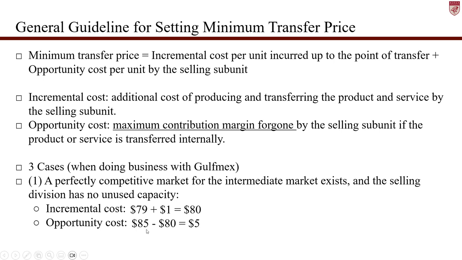For $85 that you can always sell to the external market minus the variable cost incurred, so $5, right? So when you add these two, it's going to be 80 plus 5, $85, right? And note that the max price in that range in the hybrid pricing case was 85. So in a competitive market, there's only one point, $85, which is again the external market price.